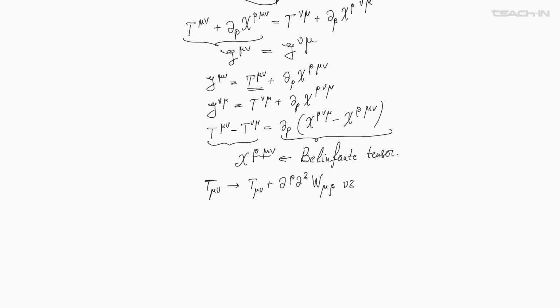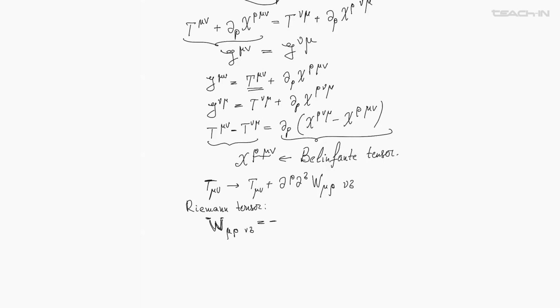The latter tensor is constructed by using the metric, and it's known that the Riemann tensor has the following symmetries. It is skew symmetric with respect to each pair of indices, so minus W rho mu nu sigma.